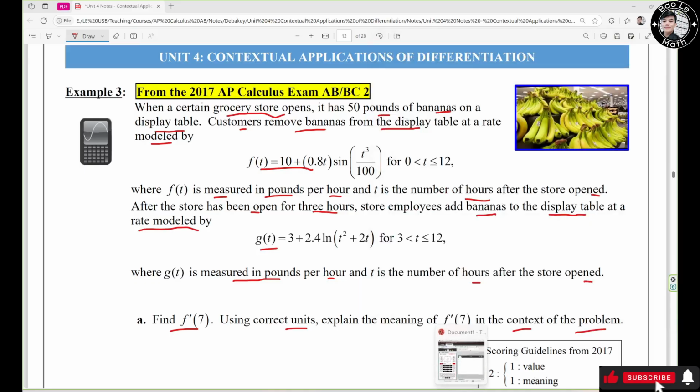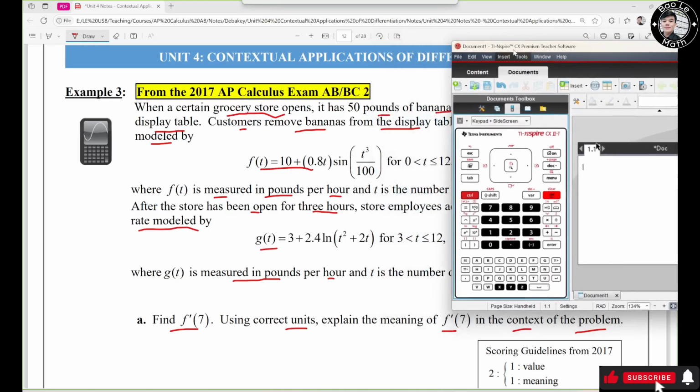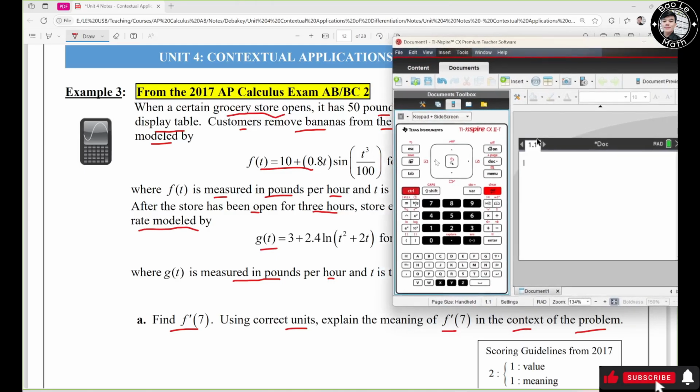Alright, now you're going to bring up the calculator. First, you need to store the equation f of t, right? So you need to hit control and this button right here. So you need to type f of t and hit control and this button right here.